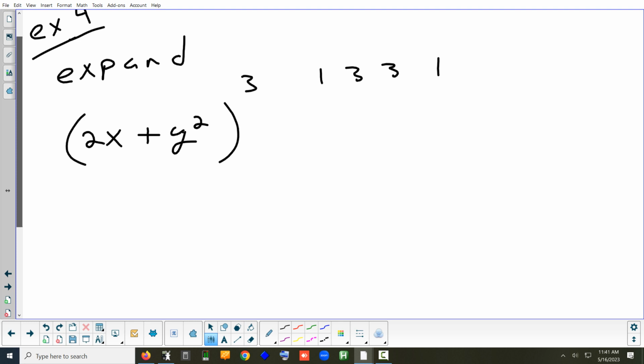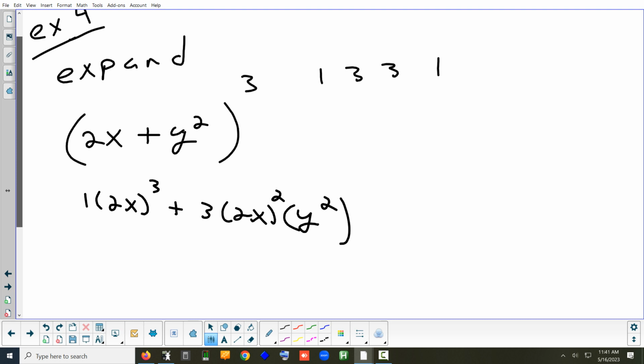So you've got 1 times 2x cubed, plus 3 times 2x squared times y squared. And then we've got plus 3, where 2x is going to drop to the first power and y squared is going to go to the second power.